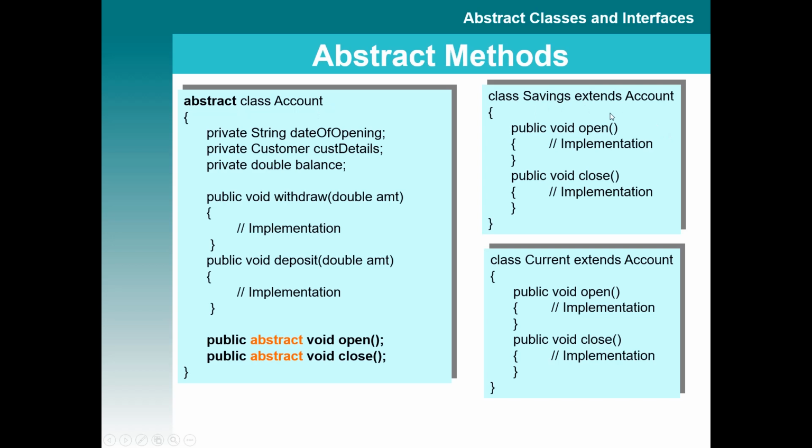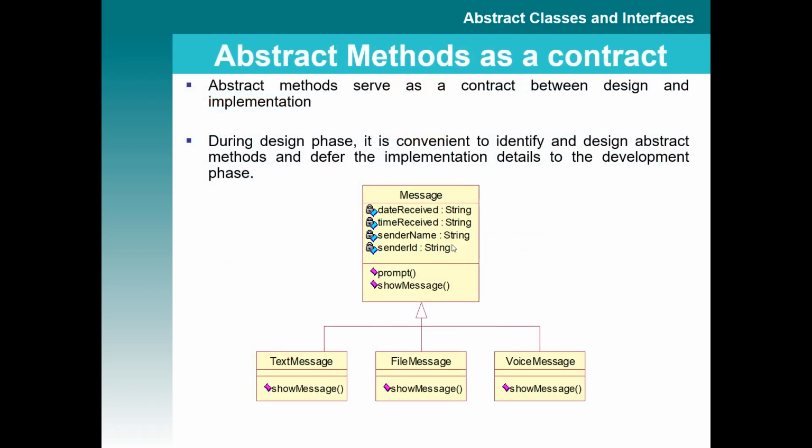When we create a concrete subclass, that is a non-abstract subclass, from an abstract class, we are forced to complete the incomplete portions from the base class. So these are concrete methods which override the abstract methods from the base class. So that's the idea behind an abstract method. A class with one or more abstract methods must be marked as abstract.